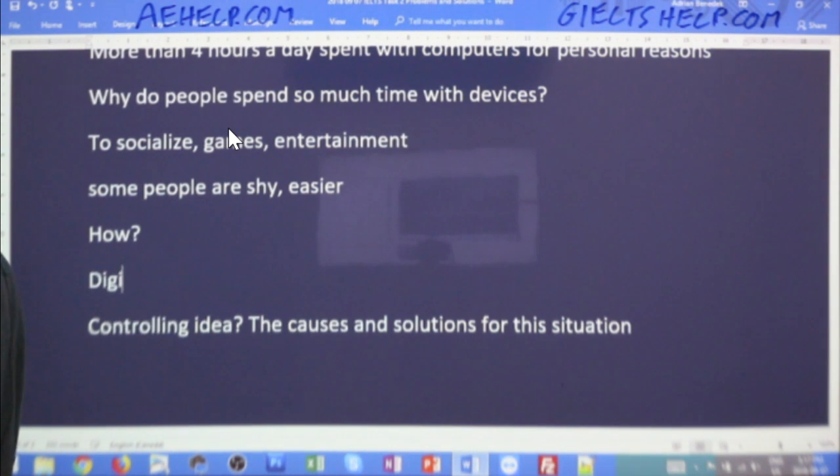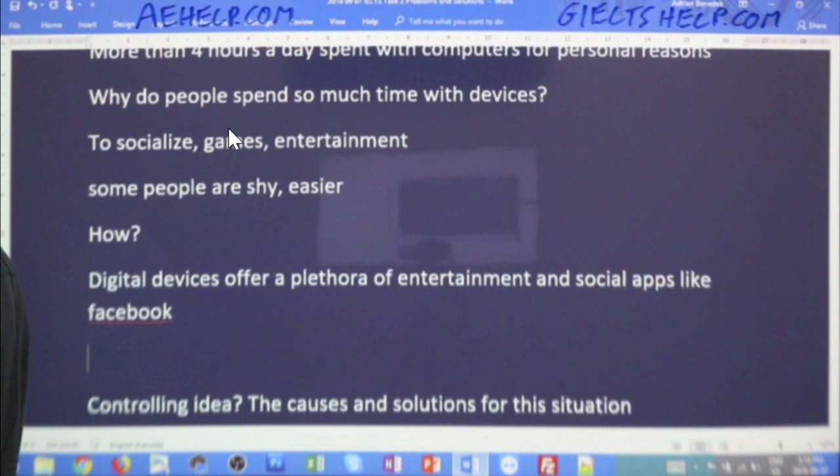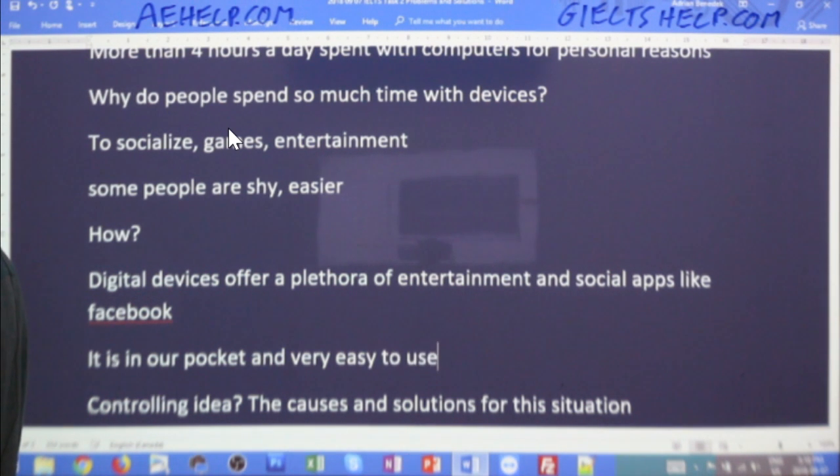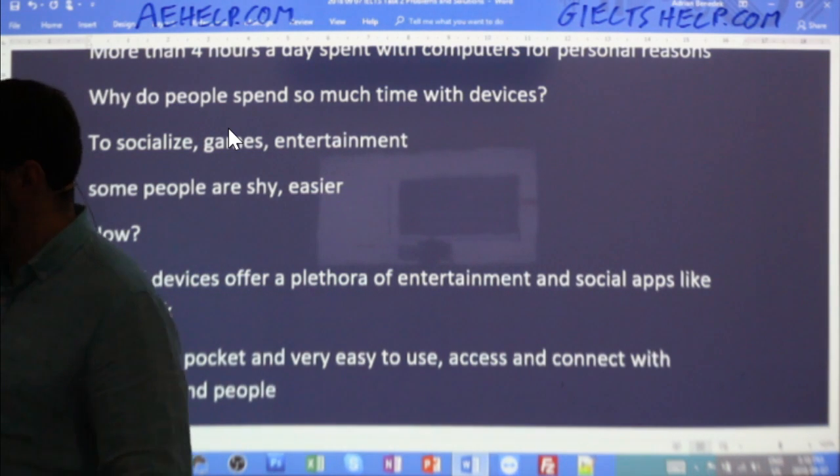Digital devices offer a plethora of entertainment and social apps like Facebook. It is in our pocket and very easy to use, access, and connect with software and people. Okay, so just some quick brainstorming there.